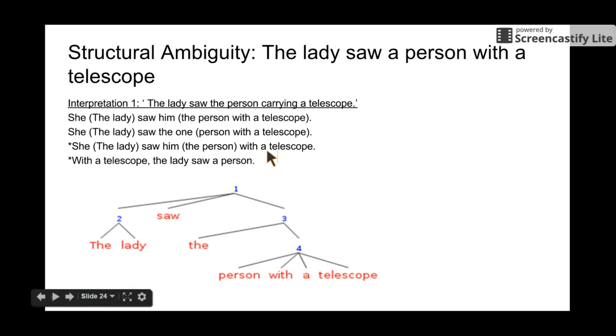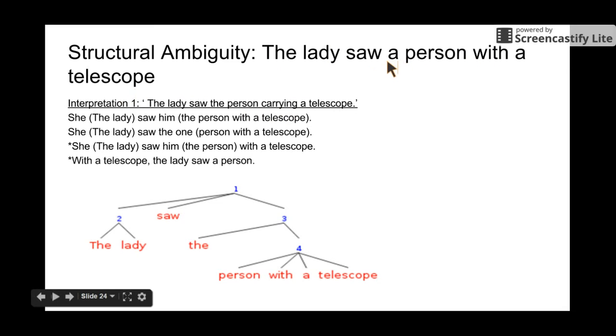Let's see whether this is the case. So it means that if it is a single constituent, then we can use the constituency test. So we can use the replacement. Okay, the lady is a constituent. We can use she to replace that. And what's critical here is a person with a telescope.